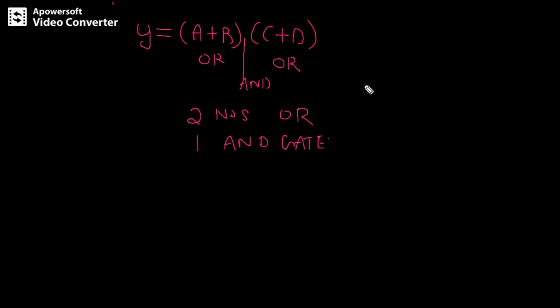So let me draw the circuit diagram for this expression first. I will take one OR gate. This is the OR gate. And I will take one more OR gate here.